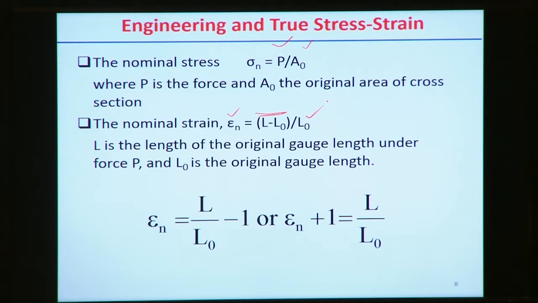The engineering strain can be further correlated like that: (L minus L0) by L0 equals L by L0 minus 1, or epsilon n plus 1 equals L by L0. This is the correlation between the strain with respect to the original length and the final length when we are considering the engineering strain.